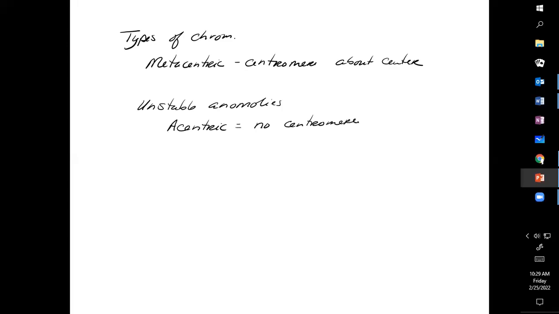We'll find out those are very genetically unstable. And we can have a situation where we have two centromeres on a chromosome, and those are dicentric chromosomes. These are also very unstable genetically.